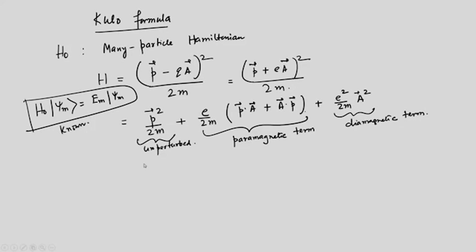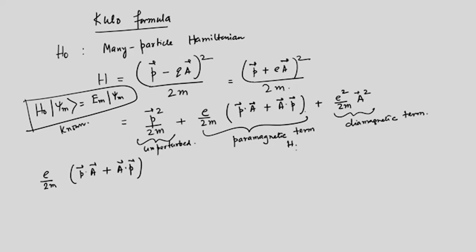So, this unperturbed term, which is a part of the many particle Hamiltonian, is known, or at least even if you add interparticle interaction, the assumption is that that problem is completely solved, and we have to only look at the effect of the paramagnetic term. So, we specialize into this term for the moment, which is P dot A plus A dot P, the paramagnetic term.